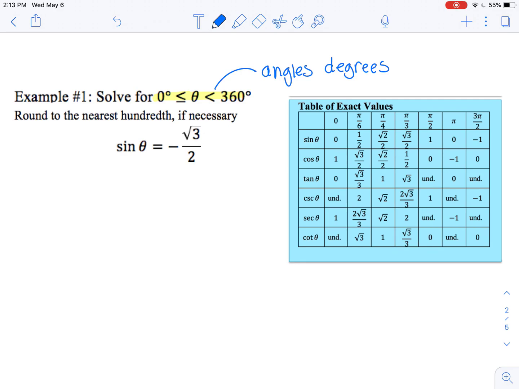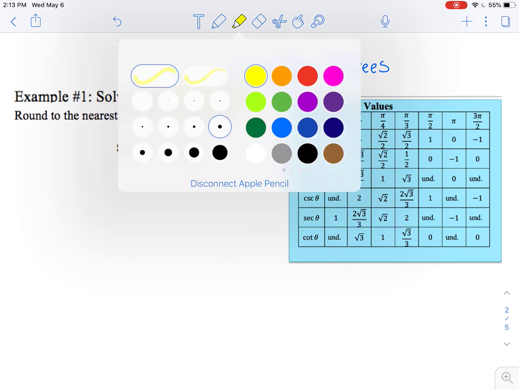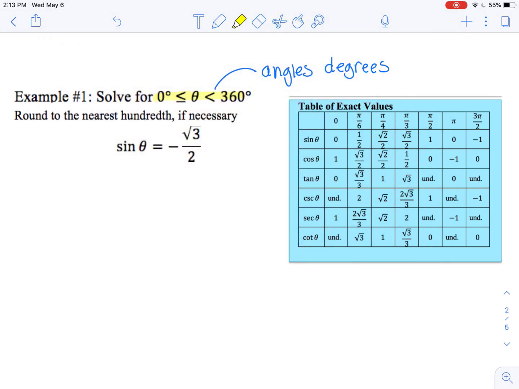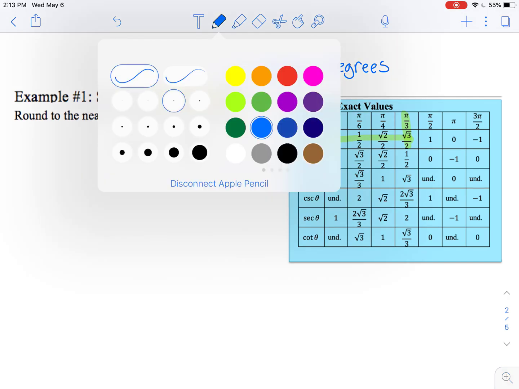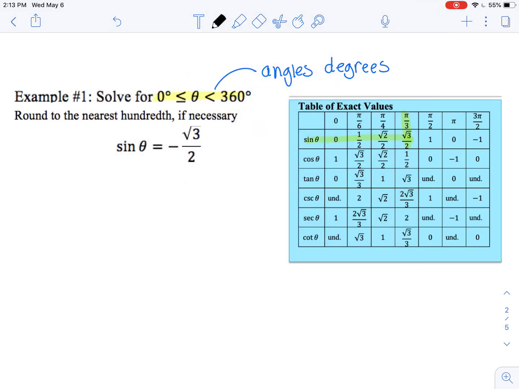So radical 3 over 2 does lie on the chart. So we can see here that if I go to sine radical 3 over 2, that's at a reference angle of pi over 3. Pi over 3 is 60 degrees. So my reference angle is going to be 60 degrees.